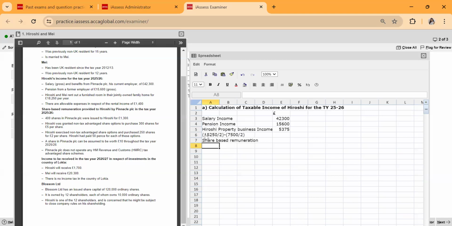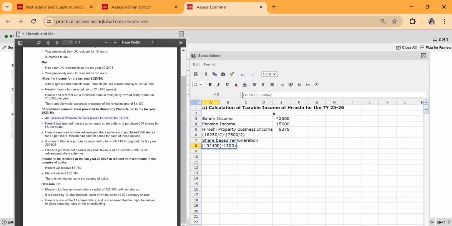The employment income to be added will be simply the difference between the market value of the share on the exercise date, which is 10 throughout the period. So it will be 10 multiplied by 400 because 400 shares were issued to Hiroshi, less the cost, and the value over and above the original cost will be taken as income. Correct? So the cost is 1,300.